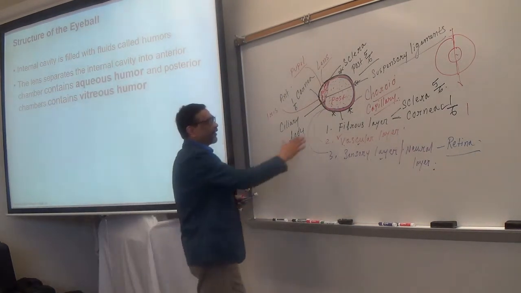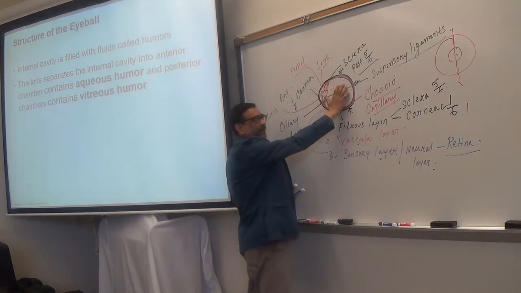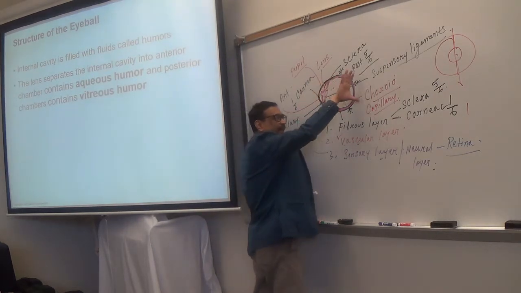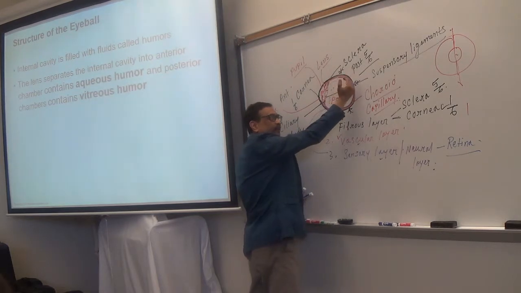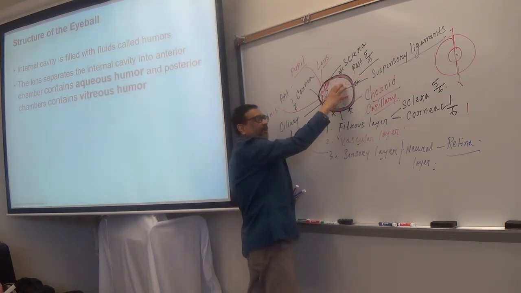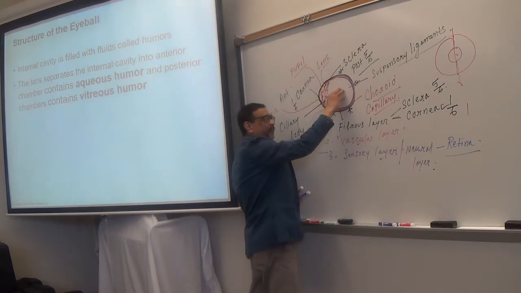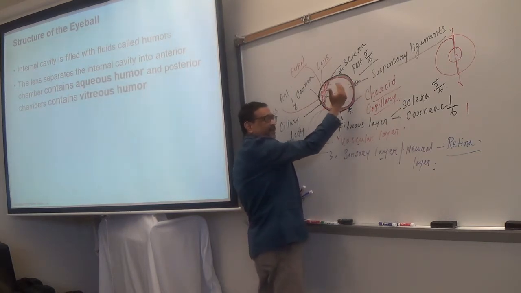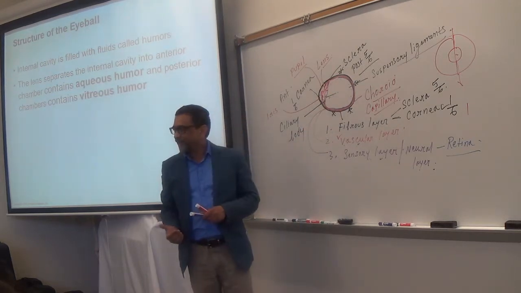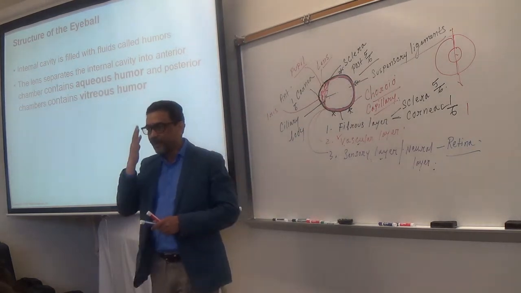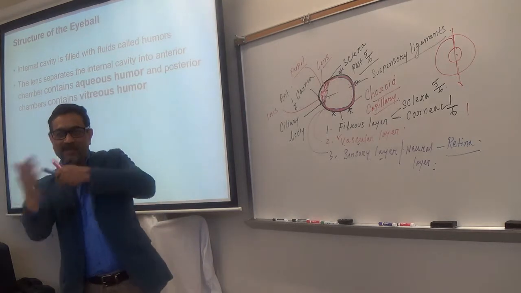And the fluid, vitreous humor, keeps the retina attached to the wall of the eyeball. If the amount of fluid decreases, the pressure goes down, that sometimes causes detachment of the retina. Have you heard that? Retinal detachment, it gets detached from the wall.